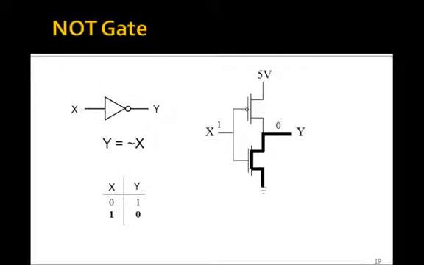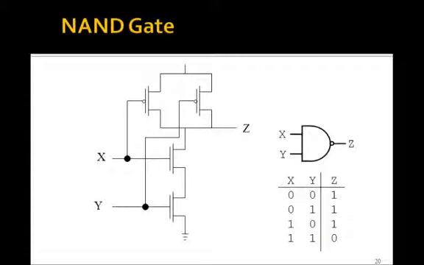But you may recall that when we made an AND gate, we used the normally open relays connected to the 5 volts. So it's not going to work to try to make an AND gate like we made it for the relays.